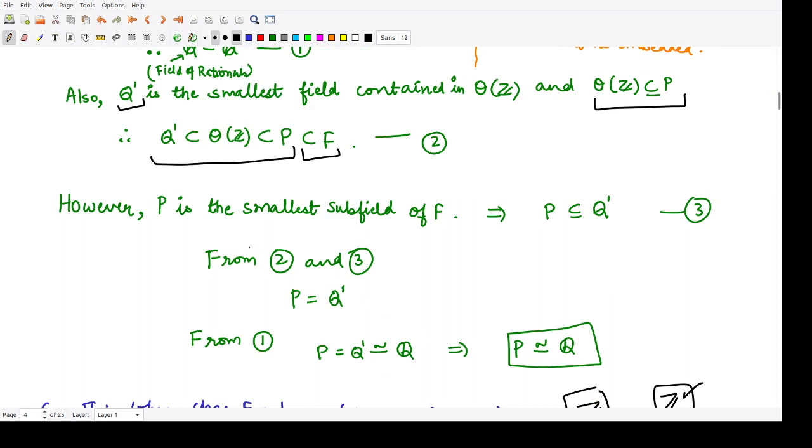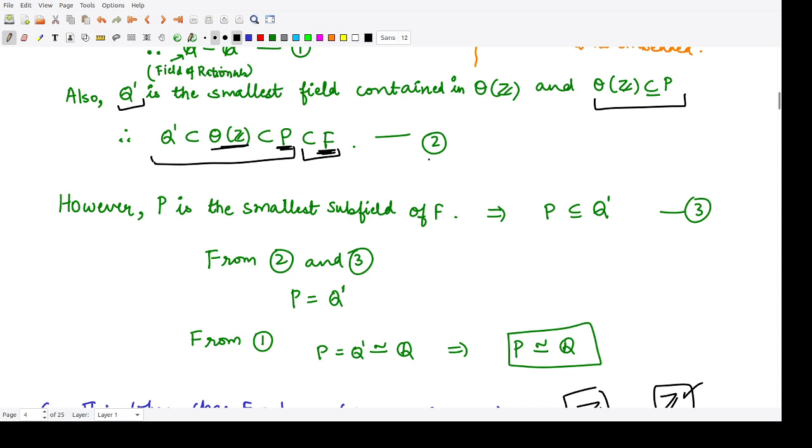We are saying Q' is contained in θ(Z), and θ(Z) is contained in P, and P, because it was the prime field of this field F, is contained in F. Say this is equation number 2.